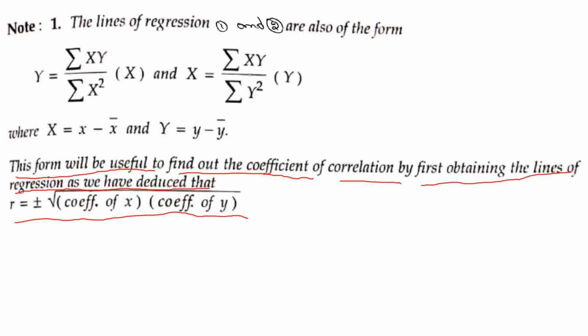That means if in the question they ask to first obtain the lines of regression, then find the coefficient of correlation, we can apply these formulae first to find the lines of regression, then find the coefficient of correlation by applying this formula. With the help of the coefficient of x from this equation and the coefficient of y from this equation, we can find the coefficient of correlation.